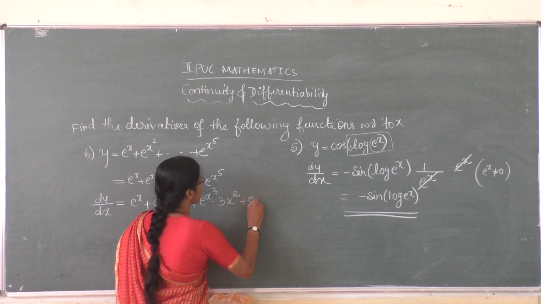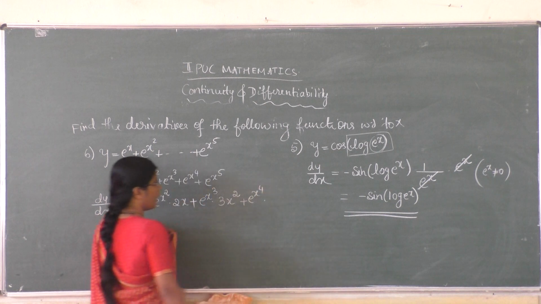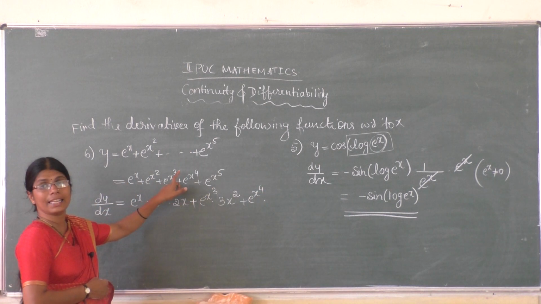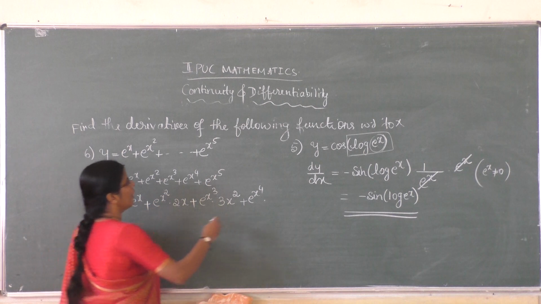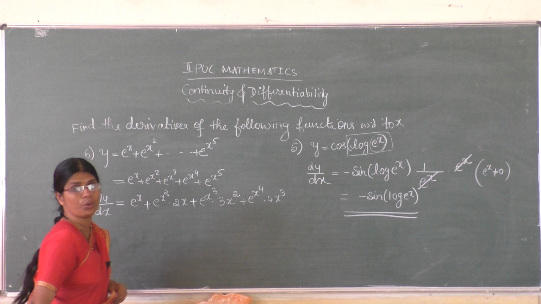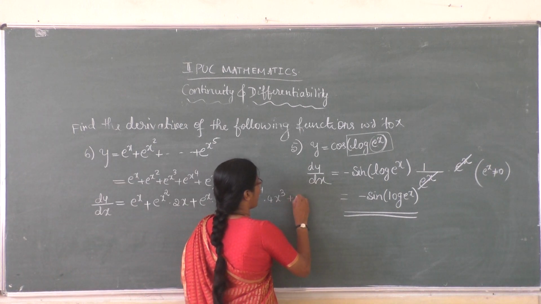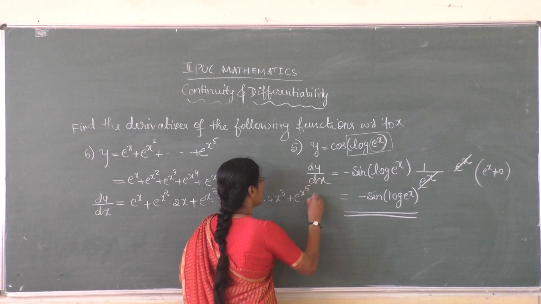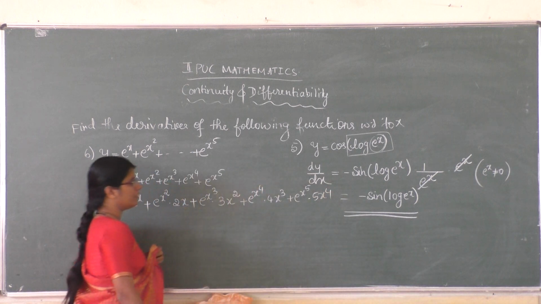E to the power x to the power 4, derivative is same, and then derivative of x to the power 4, that is 4x cube, applying here chain rule. E to the power x to the power 5 into 5x to the power 4.